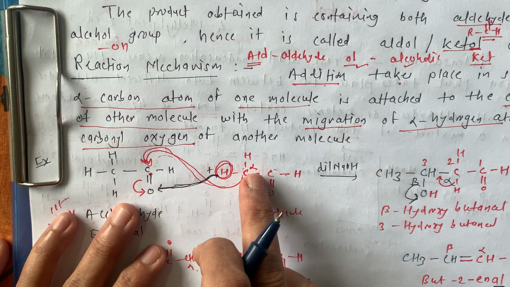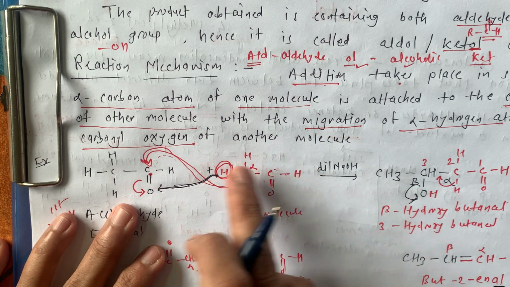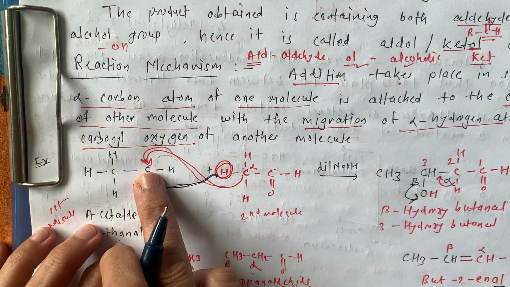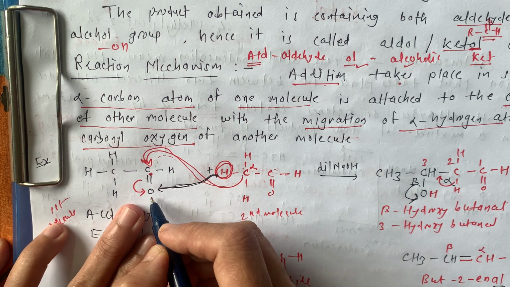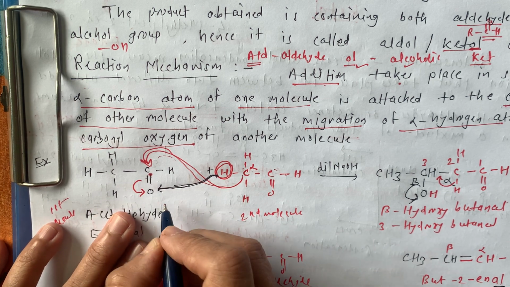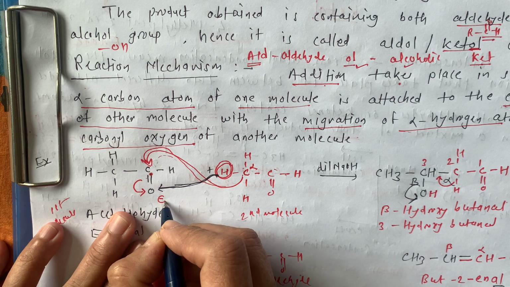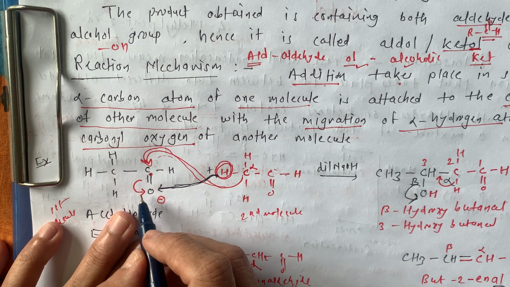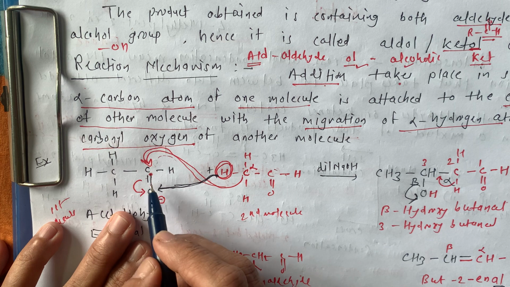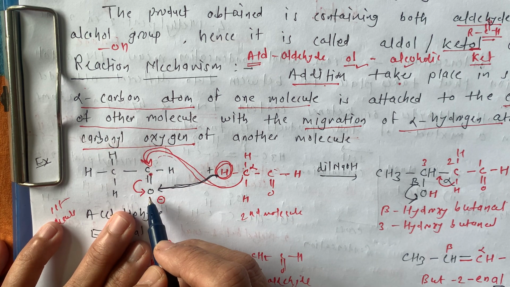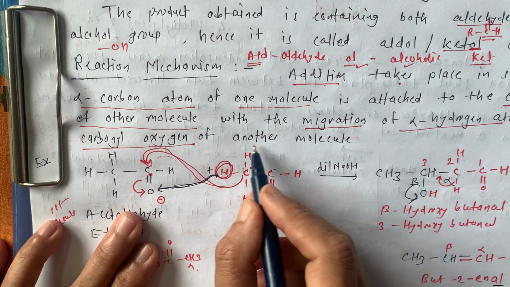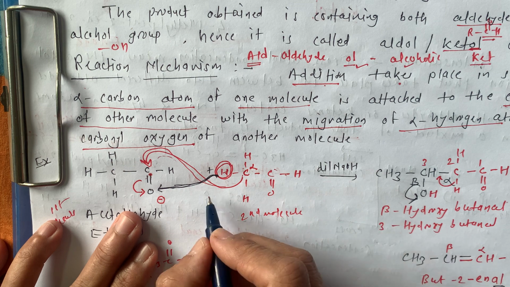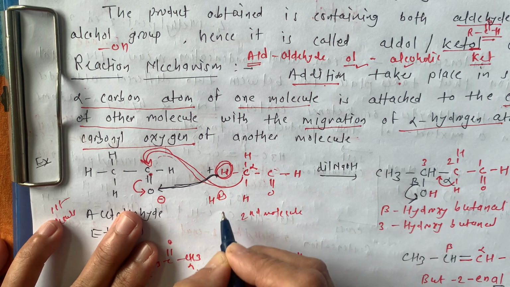Why is this so? Because when this acts as a nucleophile attacking this carbon, from the double bond two electrons are shifted to the oxygen. Now this oxygen will carry a negative charge. Already it has a partial negative charge, and this carbon a partial positive charge, but when this attacks, these electrons shift onto oxygen, so it acquires a negative charge. And when this hydrogen is abstracted from this molecule due to dilute NaOH, it will acquire a positive charge.